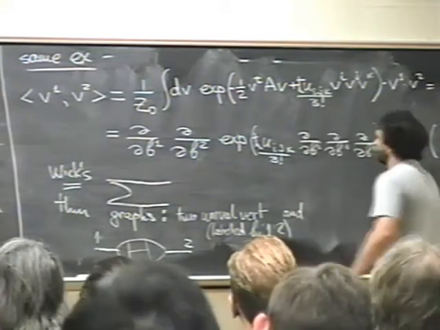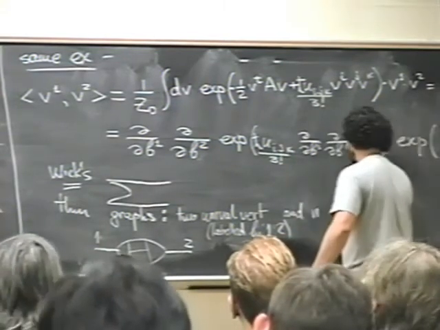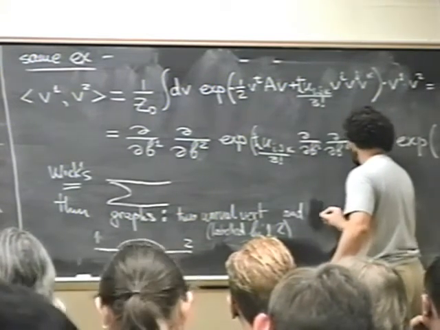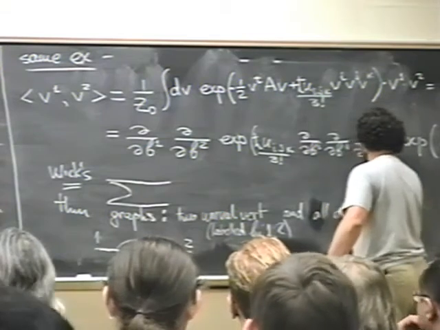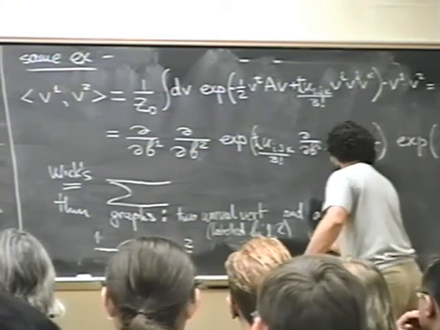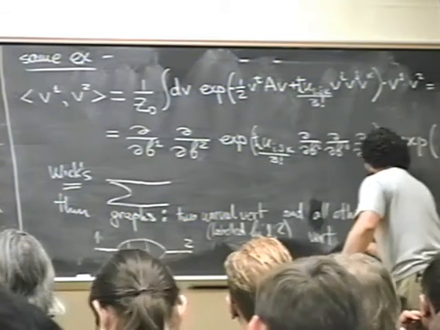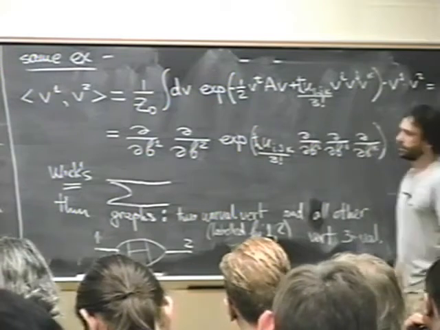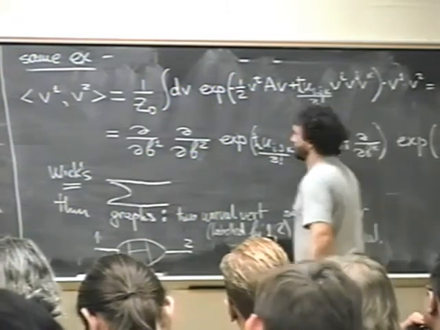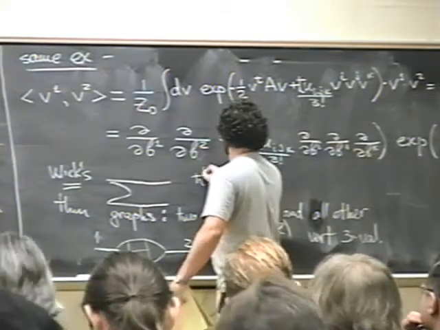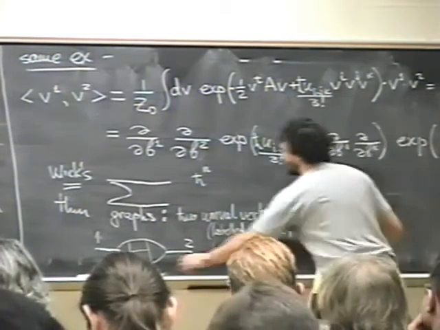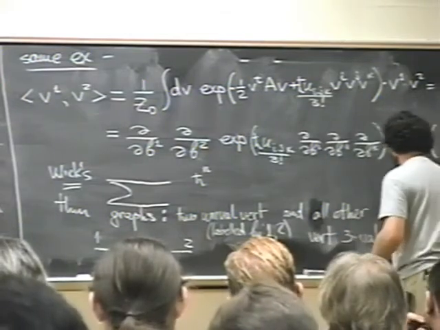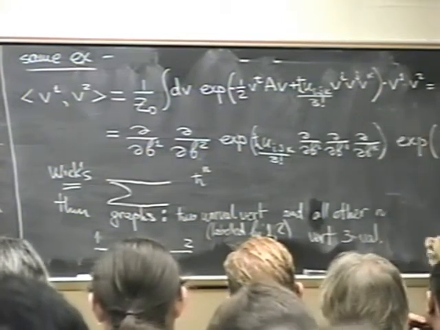Say n trivalent vertices, and all other vertices trivalent. And then you do the same as before. So you write here h to the power n, where n is the number of vertices, and all other vertices are trivalent.